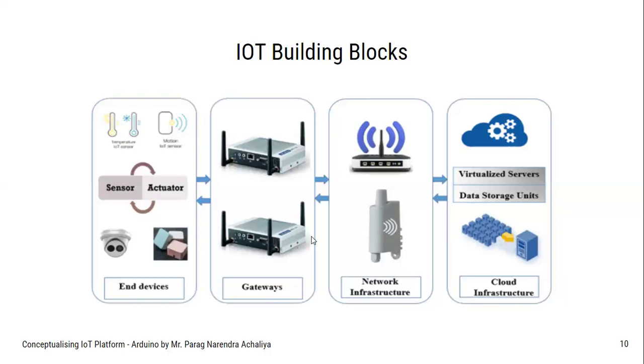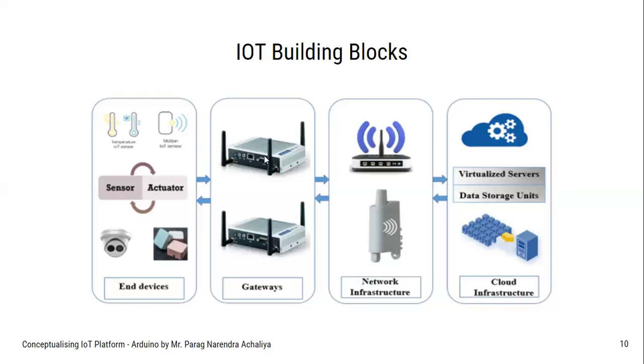These gateways and network infrastructure are responsible for transmitting the data generated by sensors to various data storage units or cloud infrastructure. So a sensor or actuator generates the data, and that data is transmitted from the end device to cloud infrastructure with the help of various gateways.